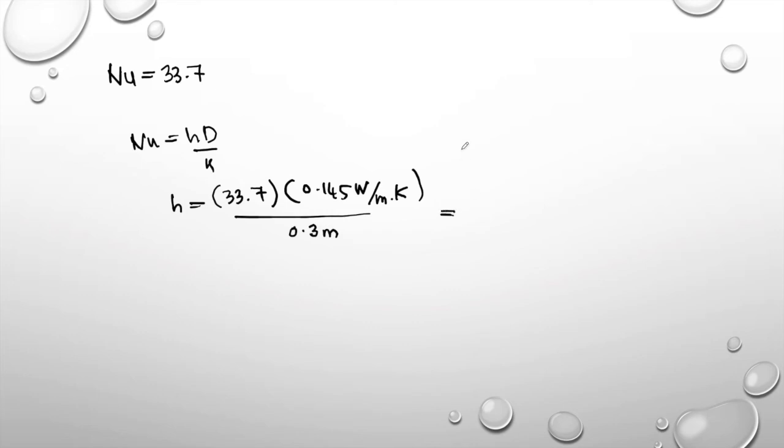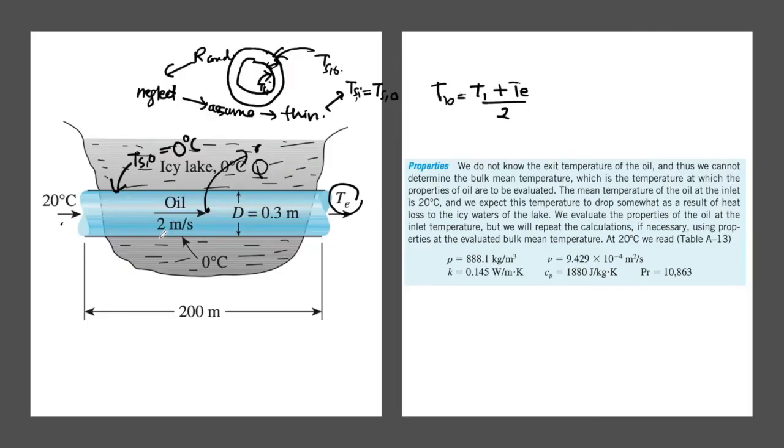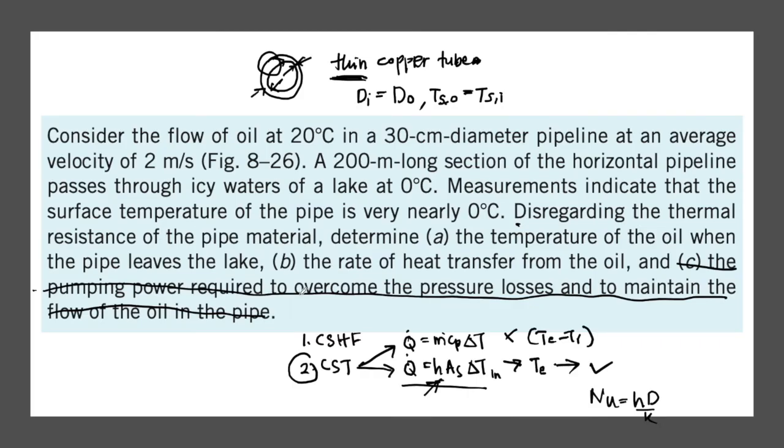So you will get your h is 16.3 watt per meter square dot Kelvin. Okay, now we have h. So we already solved for the h. Now we calculate As. Next, we proceed to delta T log mean.